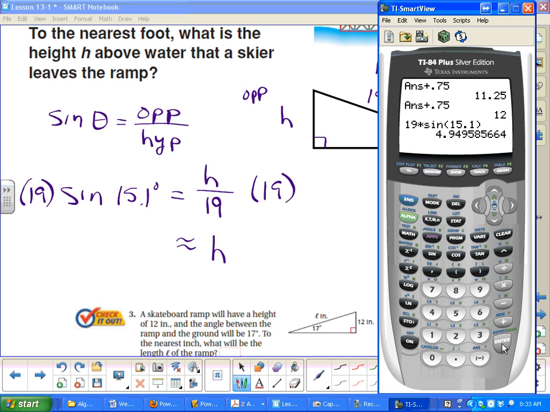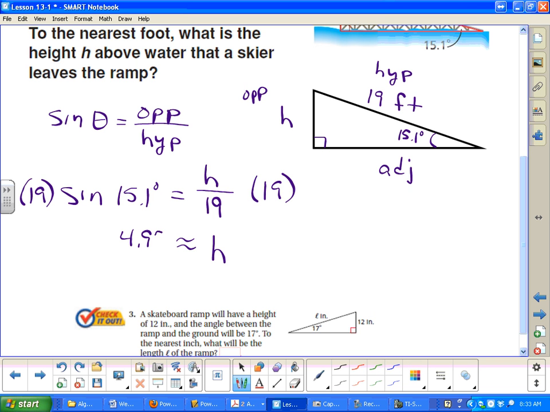Hit enter. So this is 4.95 feet. So they want to know to the nearest foot what is the height above the water. So the ramp is 5 feet high.